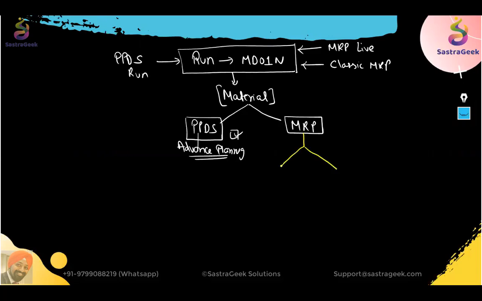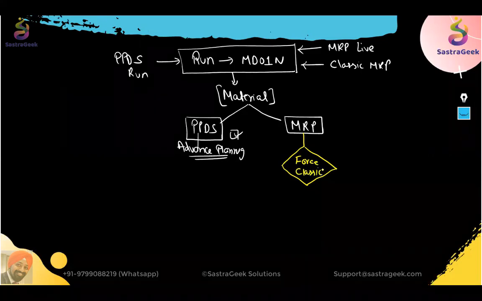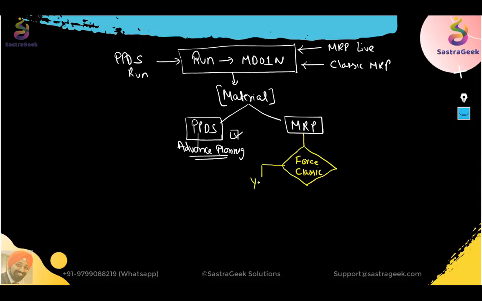There is a transaction which you can use, and with this transaction you can put force classic. Force classic means that you can put some material and plant combinations where your enhancements are there, and say that although I'm using the MD01N transaction, for these particular materials I need to go ahead with force classic. Only classic MRP needs to run. So the system will check it from here and do a classic MRP run.